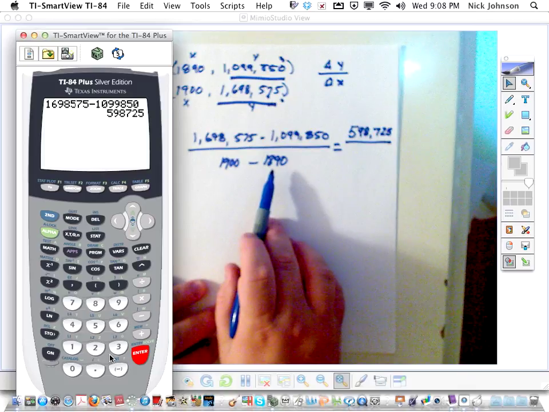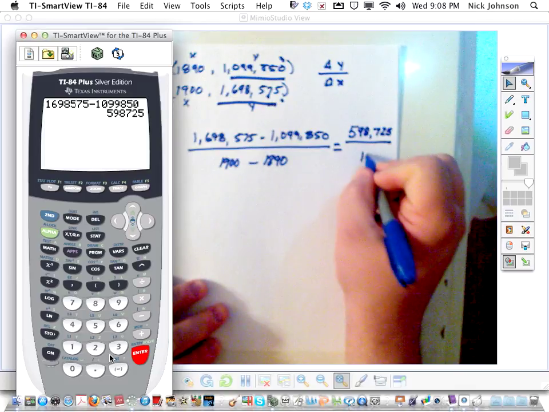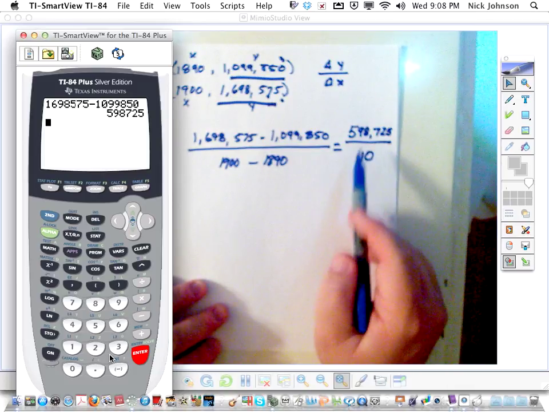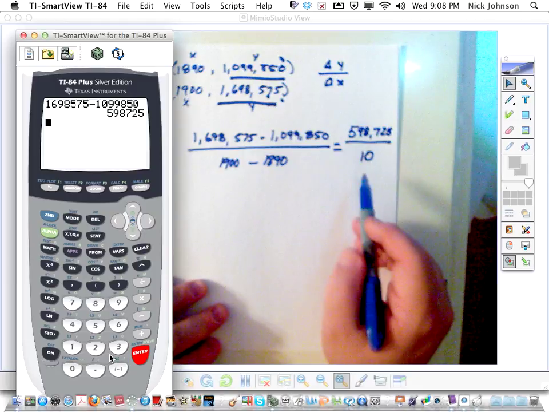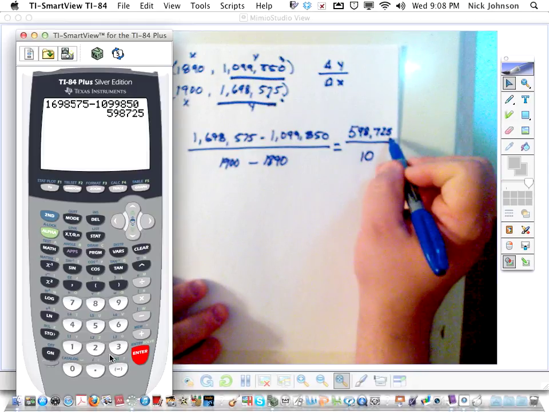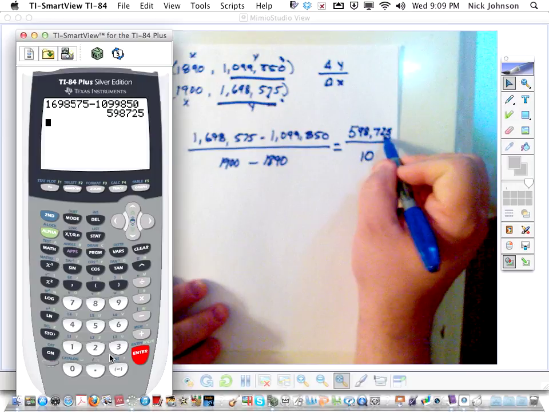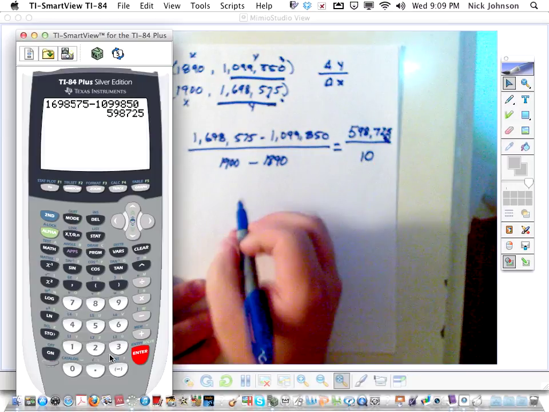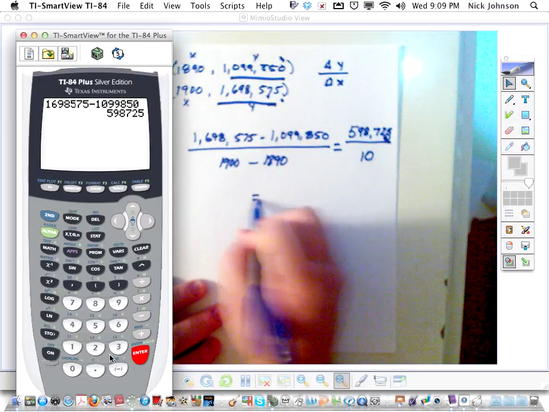Now, we all should know 1900 minus 1890 is 10. If I'm going to find out people per year, dividing by 10 is moving the decimal point 1 unit to the left.